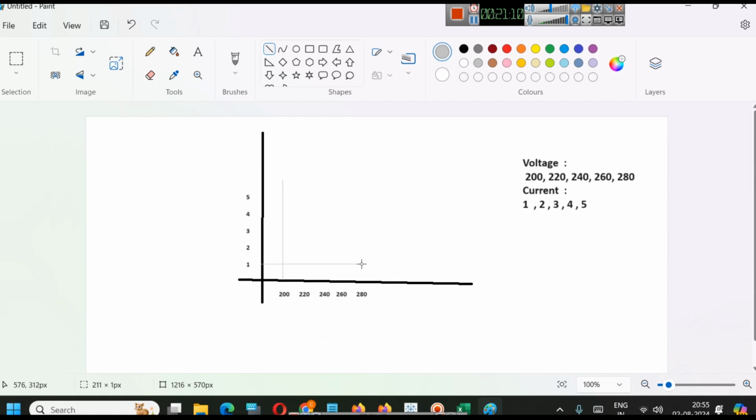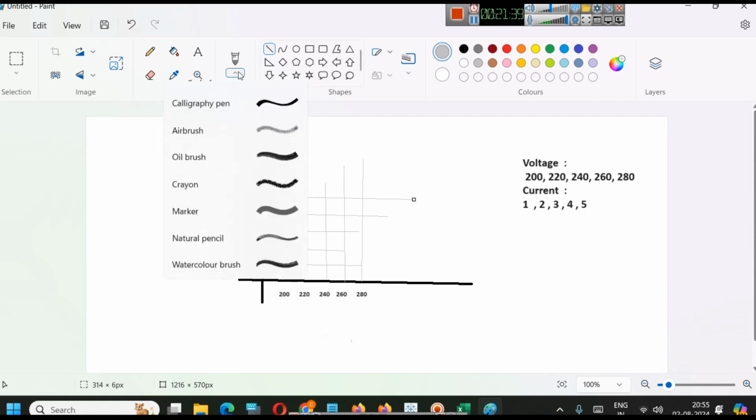So this is 1 point. Similarly, when it is 220, current is 2. When it is 240, current is 3. When it is 260, current is 4. Because you asked in which situation we create line graphs. It is 5. So these are our actual points.